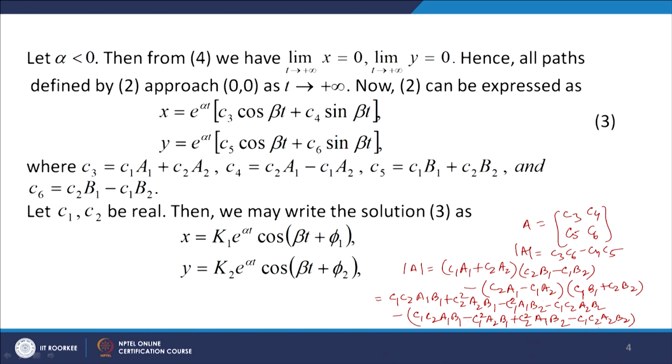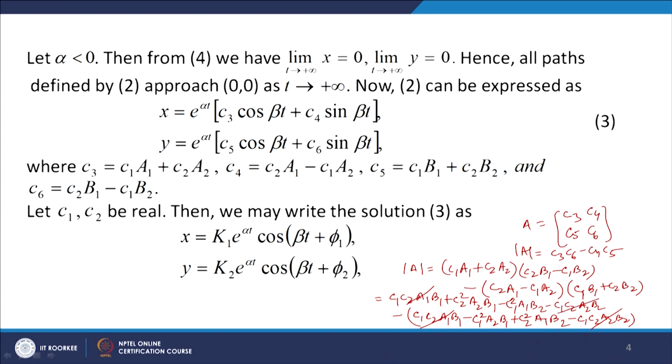Okay. Now, what do we notice? c1 c2 a1 b1 is positive here and negative there, so this will cancel with this. And here we have minus c1 c2 a2 b2 and here we have plus c1 c2 a2 b2, so this cancels with this.